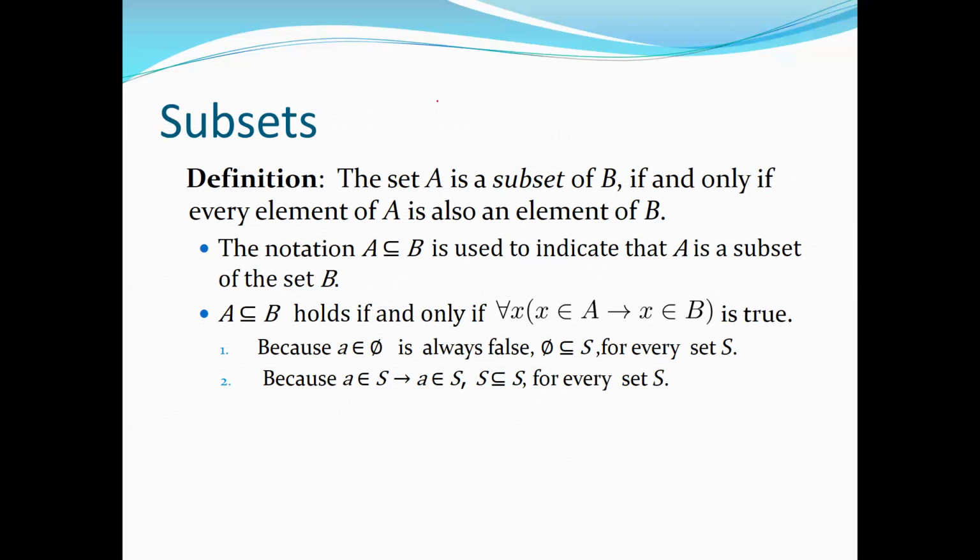For example, if you have a set A with 1, 2, 3, 4, 5, and a set B with elements 1, 2, 3, 4, 5, 6 up to 10, and I say set A is a subset of set B, what does it mean? All the members of set A must be present in set B. Only then can I say set A is a subset of B.